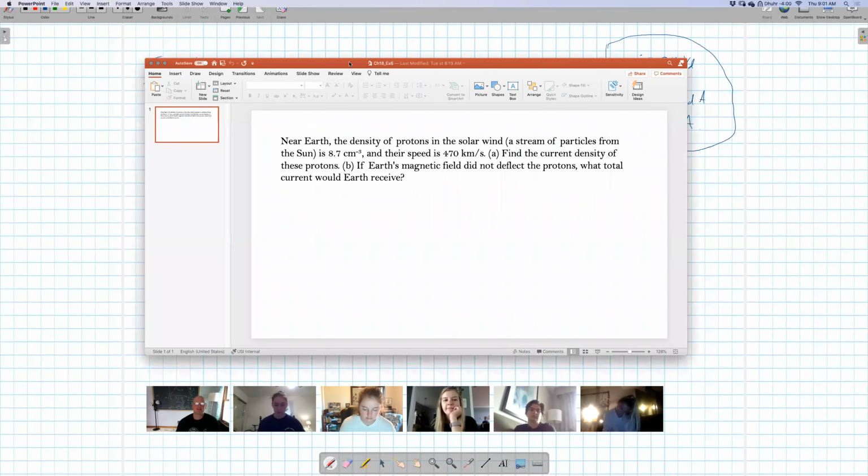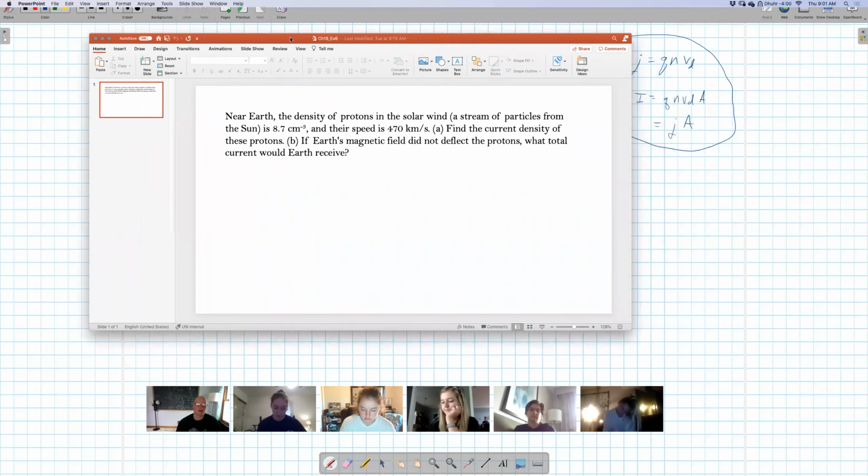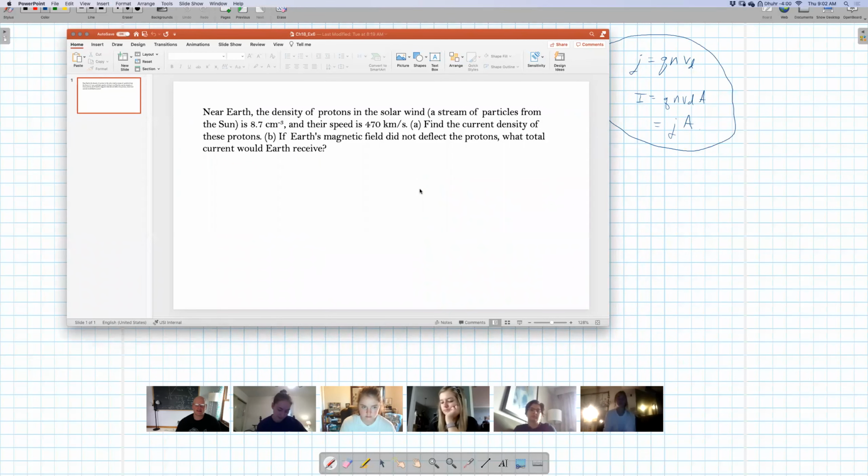This says near the surface of the Earth, the density of protons in solar winds, which is a stream of particles given off by the sun, I'll explain how that actually works in a second, has a number density of 8.7 per centimeter cubed. Their speed, which in this case is their drift velocity, is 470 kilometers per second. For part A, it wants us to find the current density of these protons.